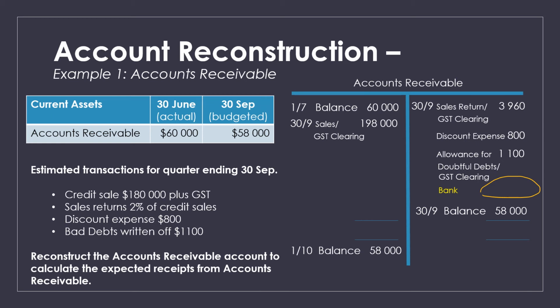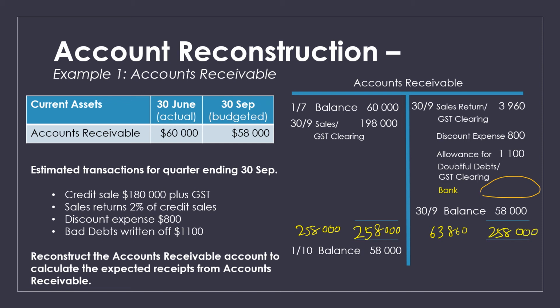So starting with the debit side, 60,000 plus 198,000, that gives us 258,000. And on the credit side, the total is currently $63,860. Since 258,000 is the larger amount, we put this amount in the total lines.